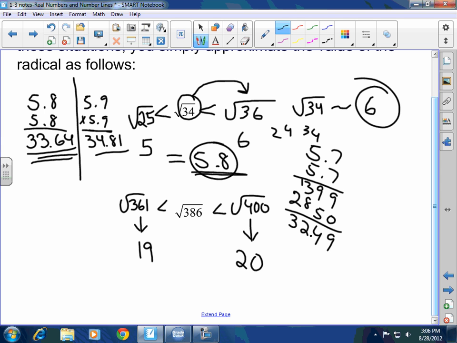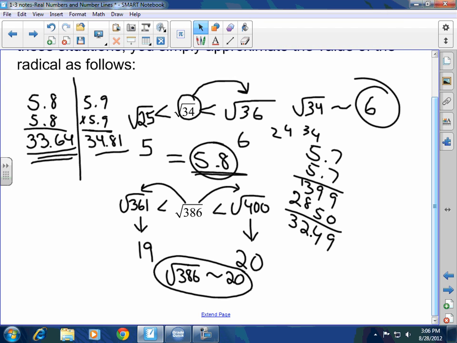Is it closer to 361 or 400? Well, I'm 25 away from 361, and I am 14 away from 400. So roughly, the square root of 386 is approximately 20. And I hope that makes sense.